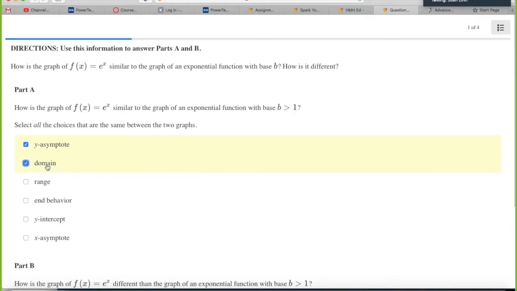They both have the same range, numbers greater than 0. They both have the same end behavior: f of x approaches infinity as x approaches infinity, and it approaches 0 as x approaches negative infinity. And they both have the same y-intercept, and they do not have an x-asymptote. So those are all of your similarities between the two.